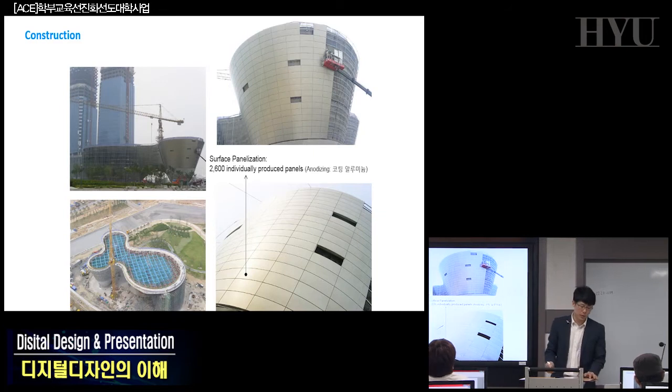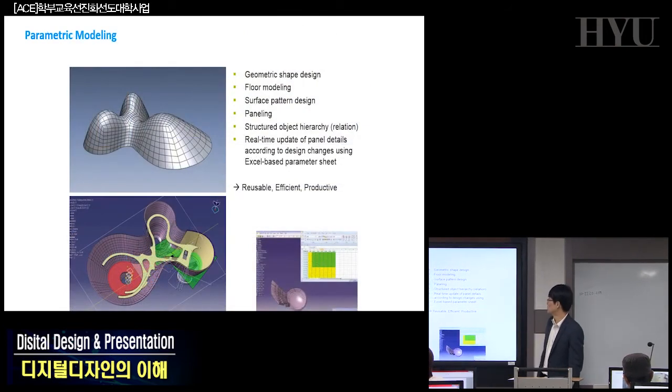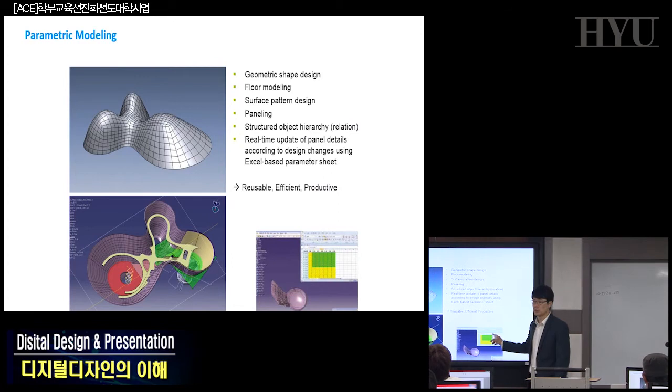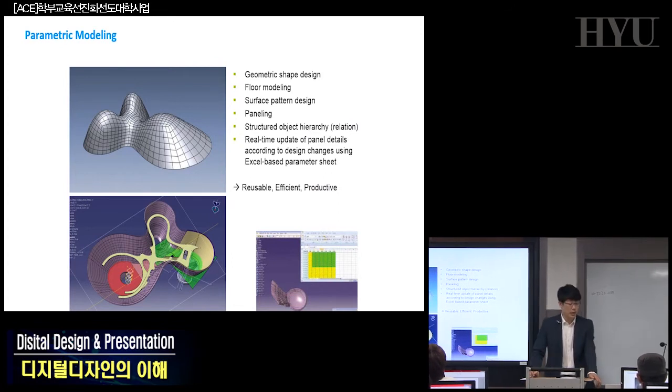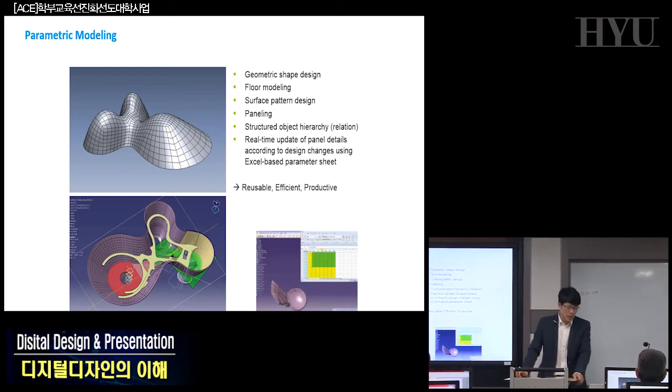That's the point. In the design process, they used that kind of parametric modeling tool, subdivided the surface, and created detailed information using spreadsheet Excel data so that they can control and change the design phase into the construction process.